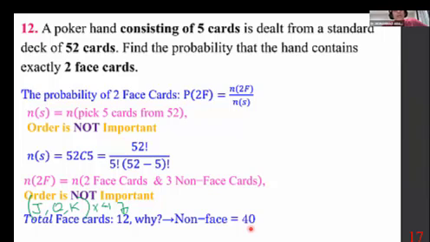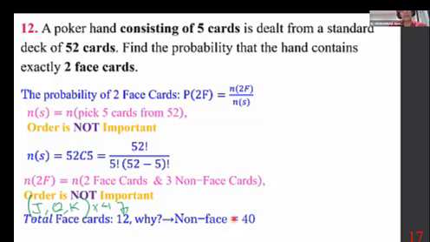So if we want to pick 2 face cards, we have to pick them from the total number of 12. And order is not important. So for face cards, we are going to pick combination of 12, choose 2, and the rest from non-face cards.